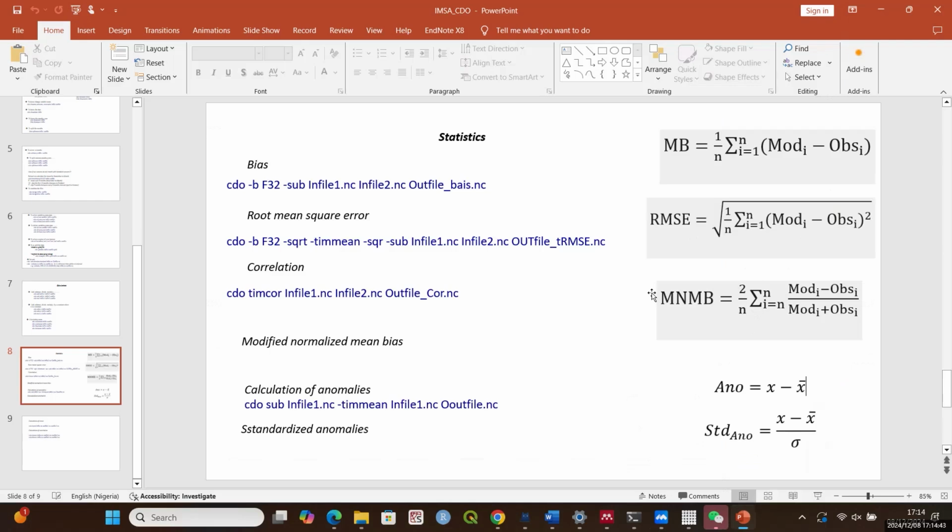Do we need a break? Okay. Yeah, we can go for a break first. Later on, we will do some correlations, using the same data. We have to perform some statistics.